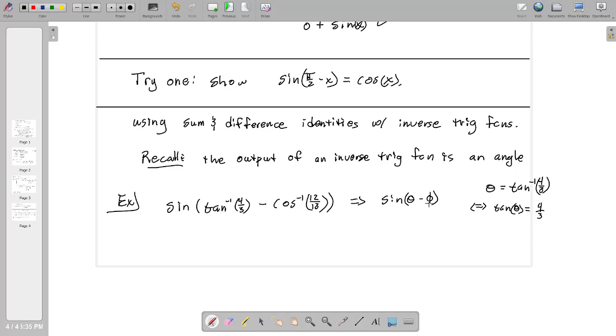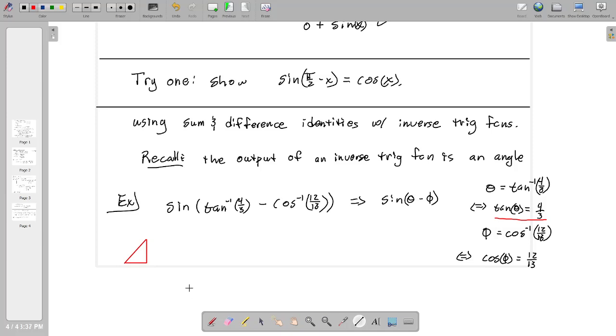Similarly, we said that phi is cosine inverse of 12/13. And again, definitionally, this gives us cosine of phi is equal to 12 divided by 13. I'm going to do this in separate colors now.